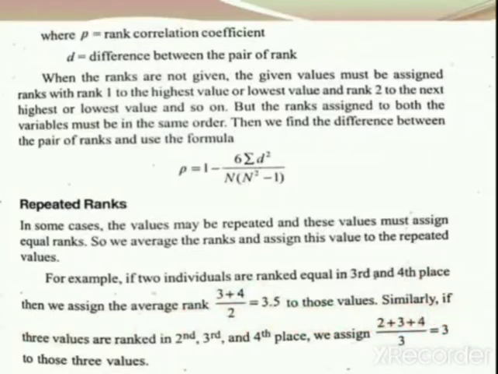Similarly, if three values are ranked second, third and fourth, we find the average of these three terms, which is 2 plus 3 plus 4 divided by 3. You will get the value 3 for those three values. So the second value is also 3, the third value is also 3, and the fourth place is also 3, which is the rank of these three terms.